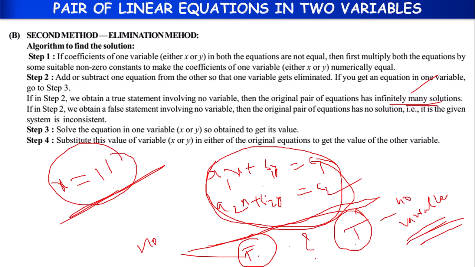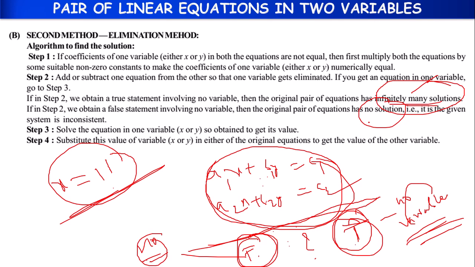But if you get a true statement without any variable, then you will have infinitely many solutions. If you get a false statement with no variable, then there will be no solution, meaning it will be inconsistent equations. In the first case, if it is true, there will be dependent equations.